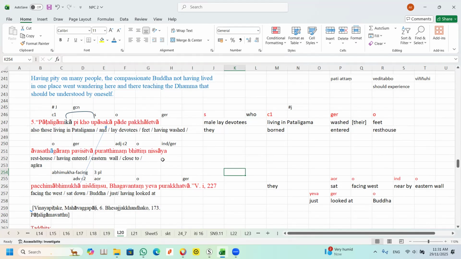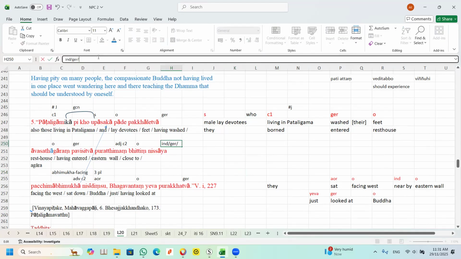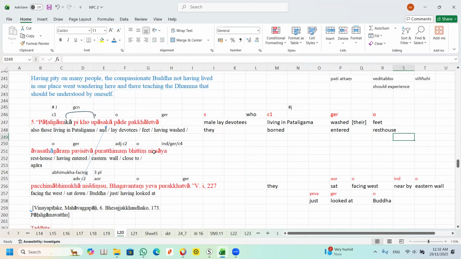Then come to this one. You can say it's case 4 also, it appears like a case 4, dative. But this is in declension. It means it's referring to close to or nearby. Facing west, nearby.